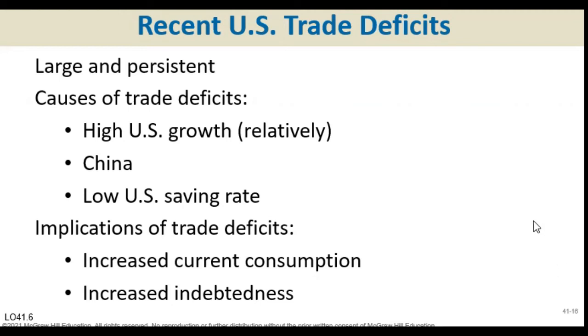There are several causes for the deficit. So during 2002 to 2007, the US economy grew at a faster pace than many of its trading nations.